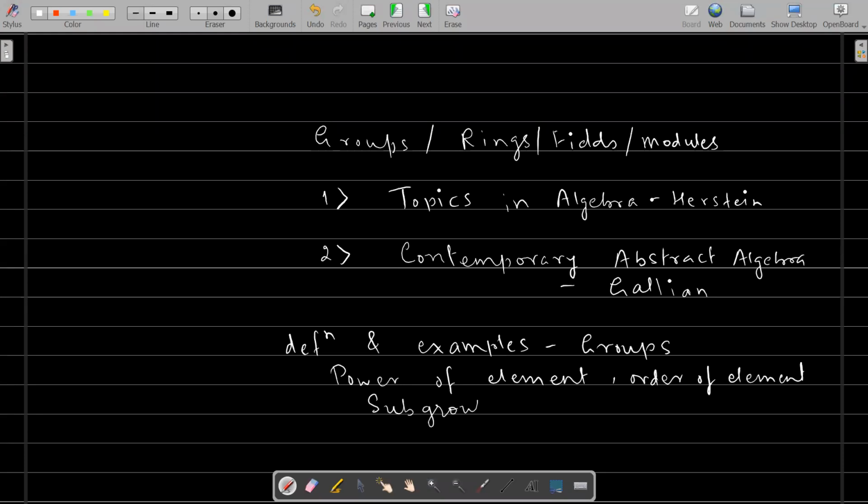Then subgroups, like every such algebraic structure always has a substructure. For groups, we have subgroups. For vector spaces, we have subspaces, and so on. In subgroups, we'll be doing cosets and Lagrange's theorem.